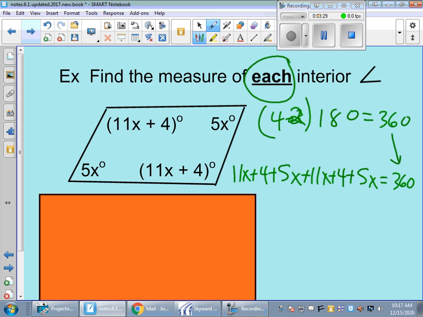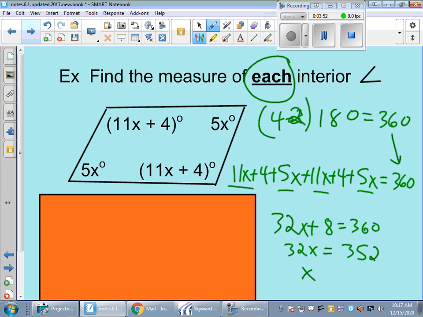Now we would do basic algebra, 11x plus 5x plus 11x plus 5x. That's going to give us 32x. 32x plus 8 equals 360. You subtract the 8 over, you get 352 equals 32x. And then when you divide by 32, you find that x equals 11.